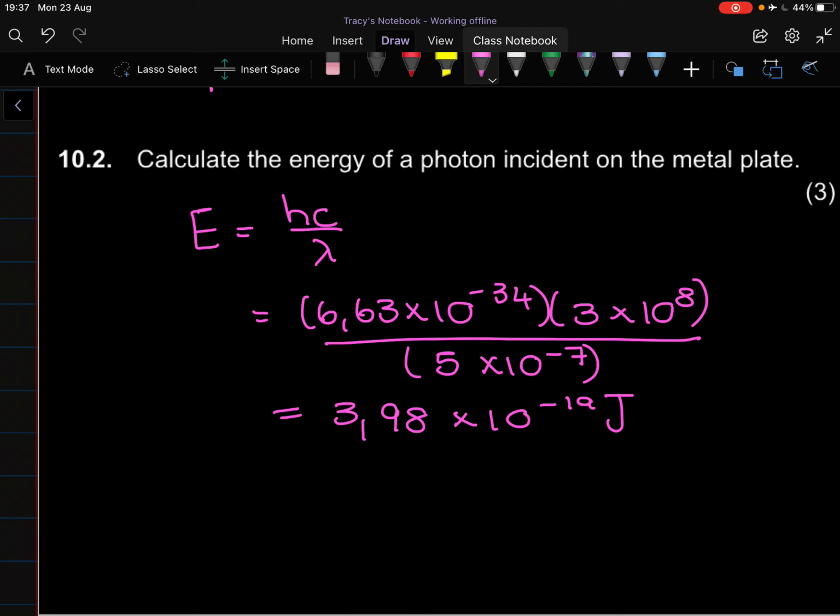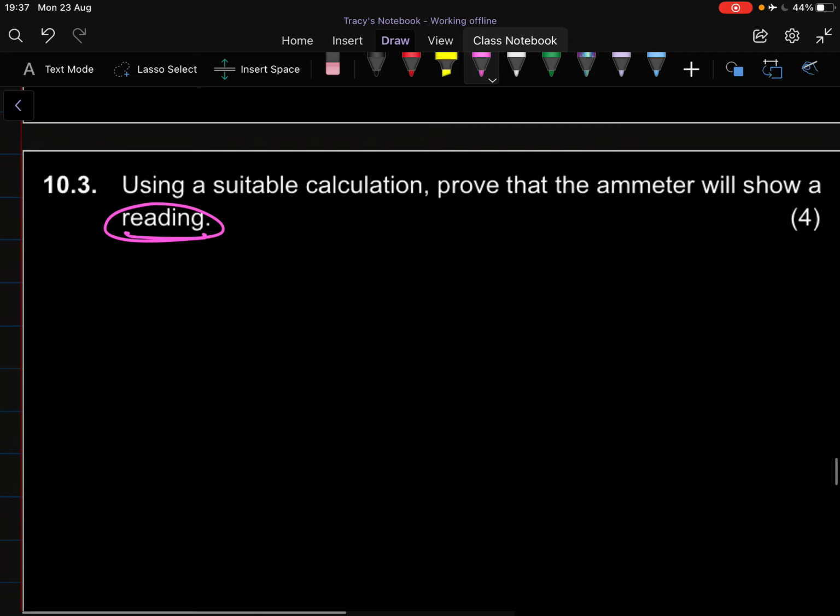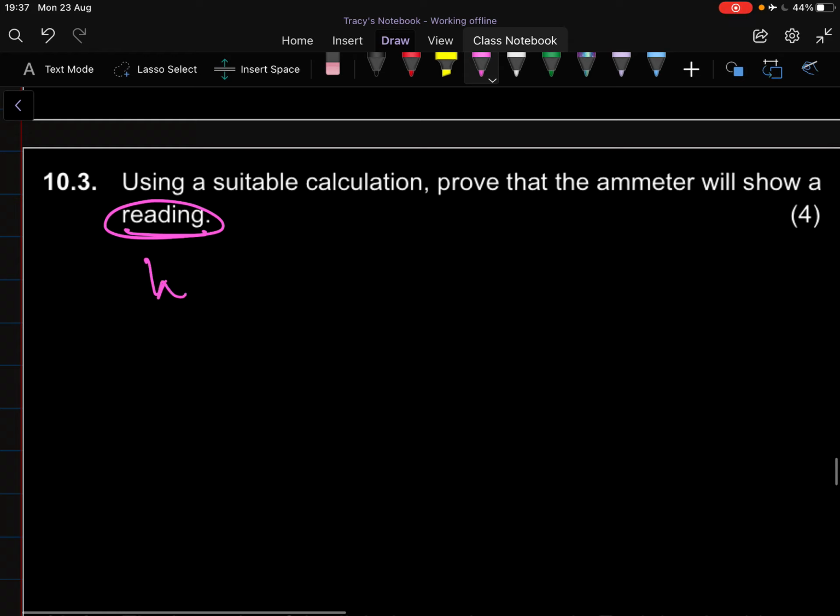For me, this is the easiest. I know what the energy of the photon is, and the work function is hf0.